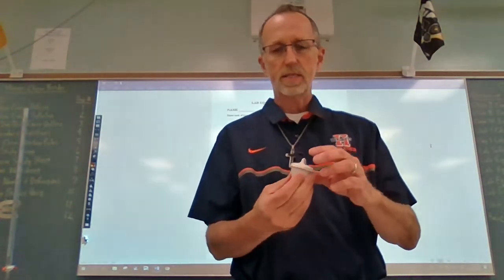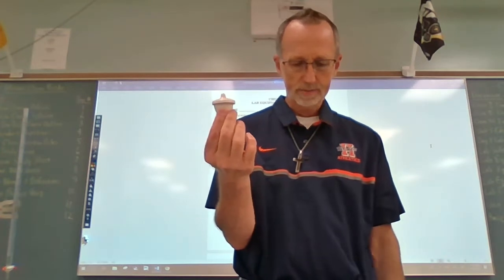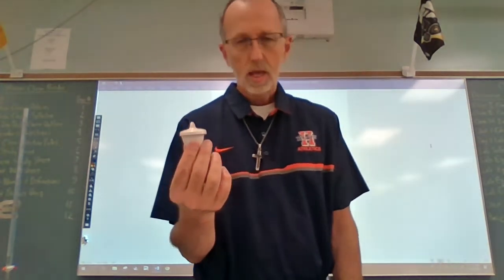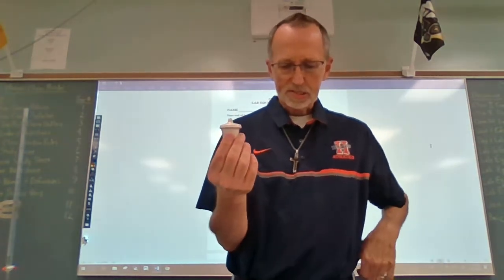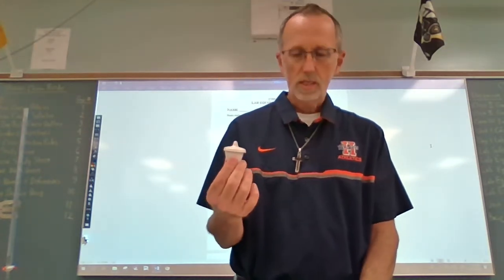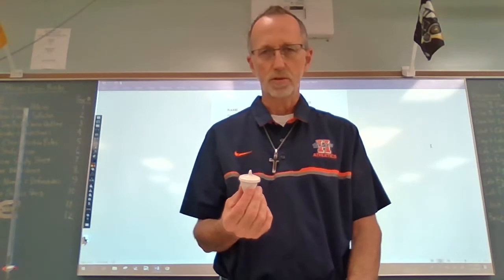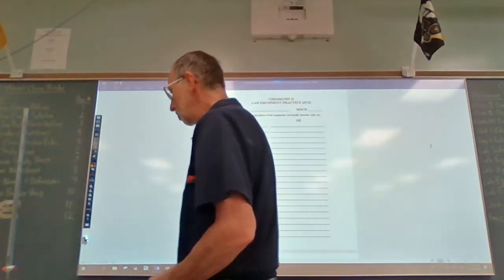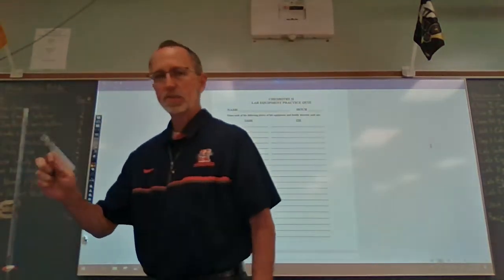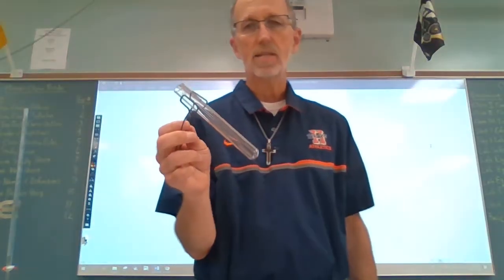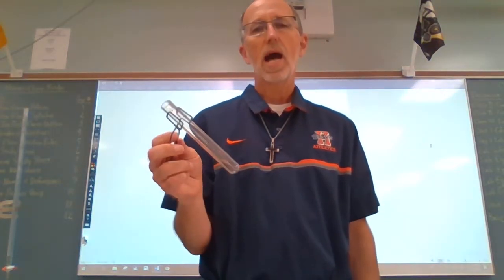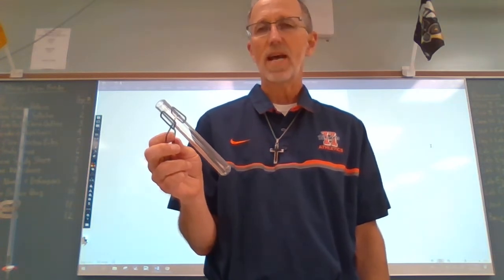So here is a crucible and lid. Right? Crucible and lid. This is used to heat small amounts of solid, obviously small amounts, it's very small, to a very high temperature. All right. Now, as we said before, you can certainly heat a small amount of solid in a test tube. You can. However, something that's got a pretty high melting point, I would not be heating in a test tube because the test tube is made of glass.